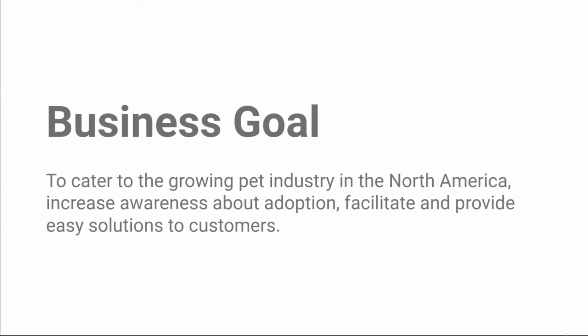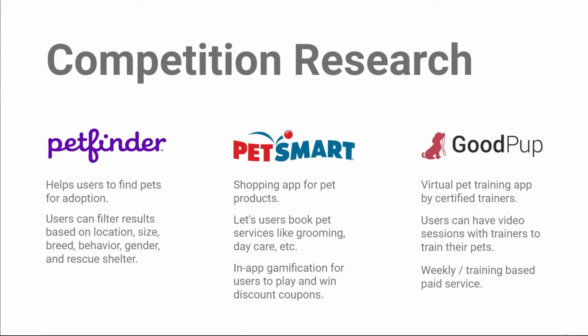The business goal is to cater to the growing pet industry in North America, increase awareness about adoption, facilitate and provide easy solutions to customers. There's some competition in this area, and so here are a few competitive apps. For one, there is Pet Finder. This app helps users find pets for adoption.